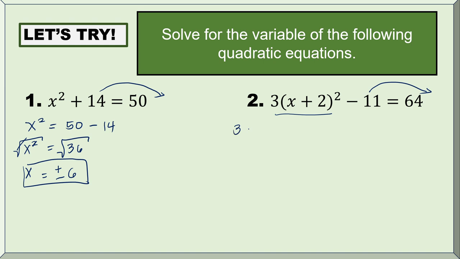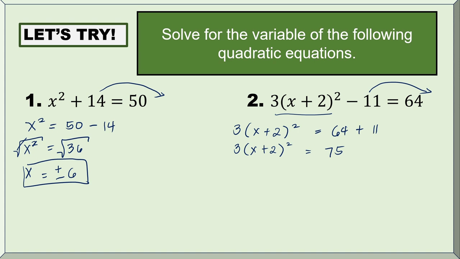And we have 3 times x plus 2 quantity squared equals 64 plus 11. We can simplify this. 64 plus 11 is 75. So we have 3 times the quantity of x plus 2 quantity squared equals 75.